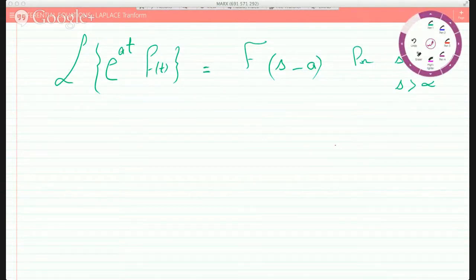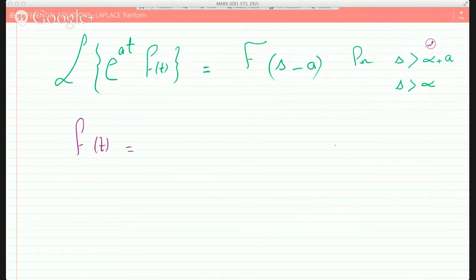This enables you to shift things. Like say, if f of t, like here, number 3, okay, is t e to the 2t.